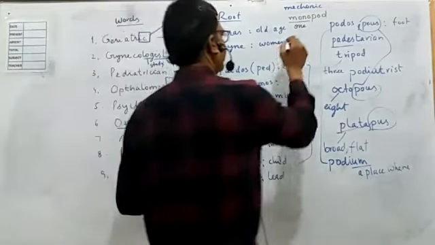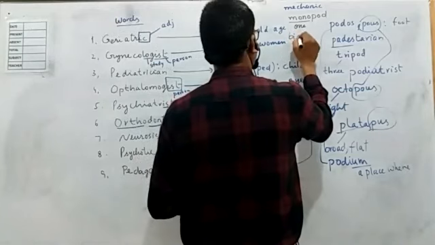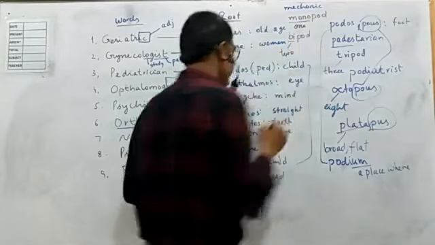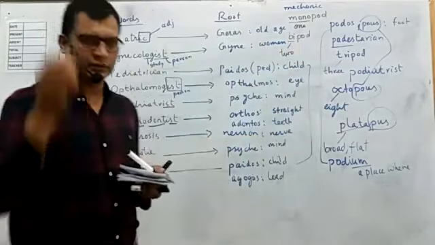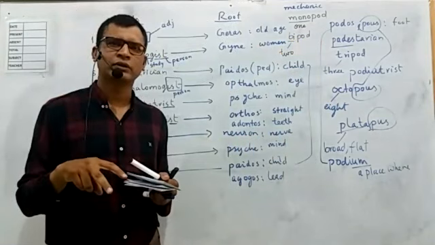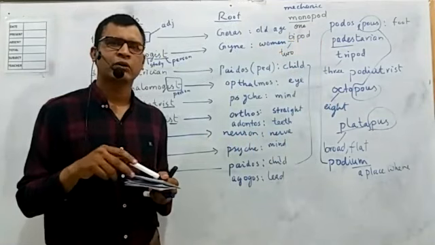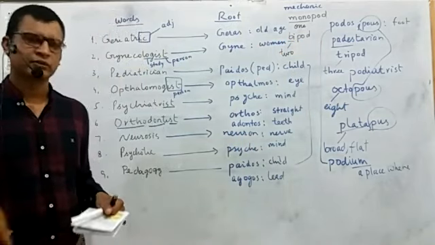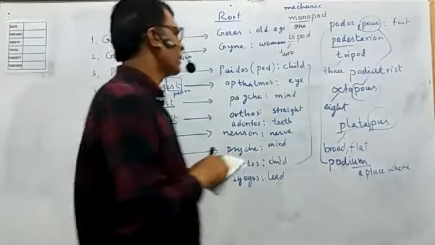Then we have bipod. Bi means two. So there are certain structures that have two footings, like we human beings are bipod. We have 2 feet. Okay, therefore we are called bipod.